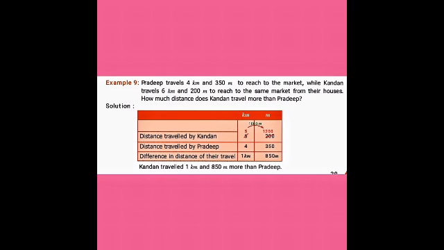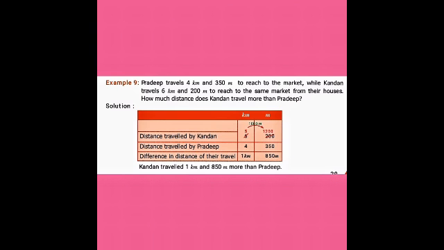Borrowing 1 kilometer, it comes to the meter column as 1000, so 1200 meter. 1200 minus 350 is 850. Then 5 kilometer minus 4 kilometer is 1 kilometer. So Kandan traveled 1 kilometer 850 meter more than Pradeep.